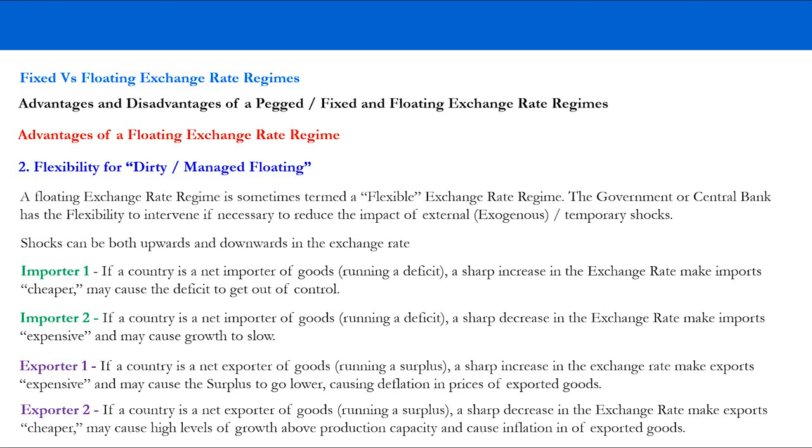And this can create a situation where you get deflation in the prices of your exported goods. Obviously, that's not good for exporters.